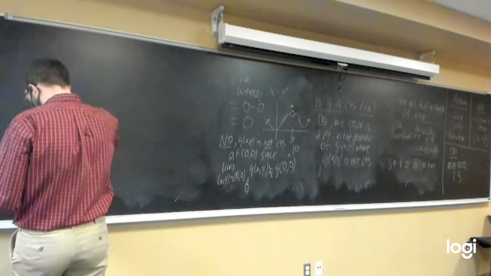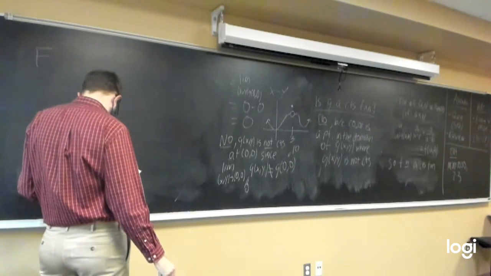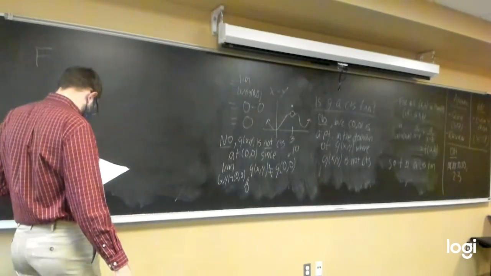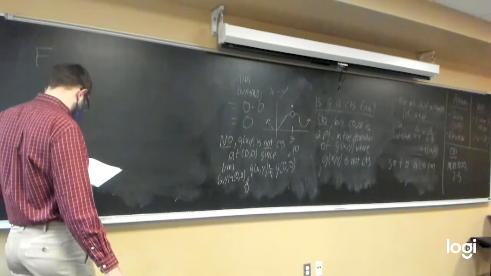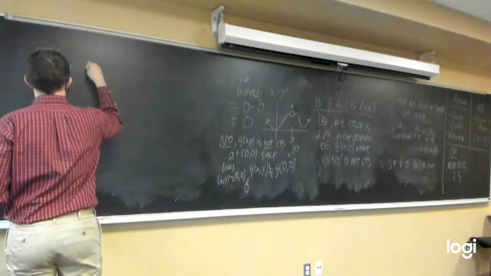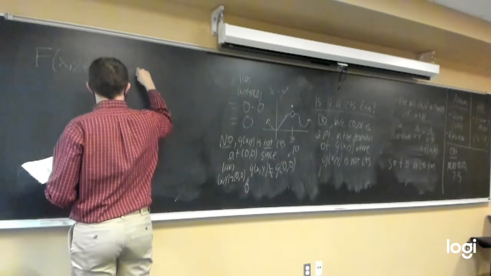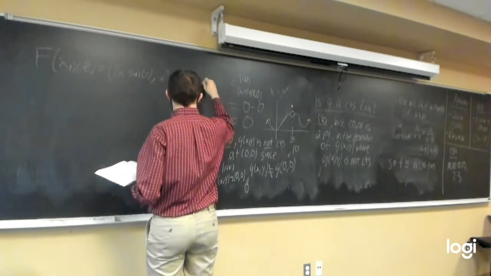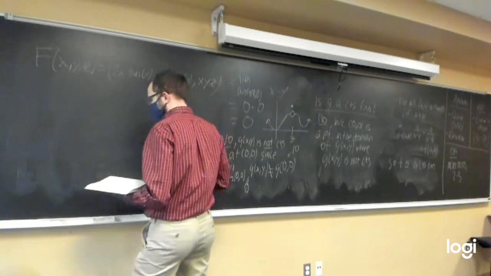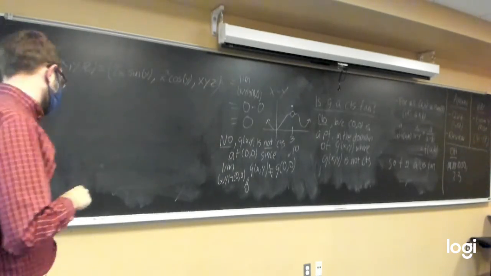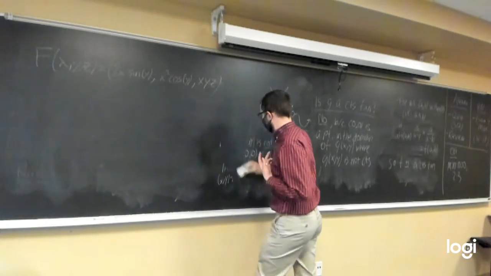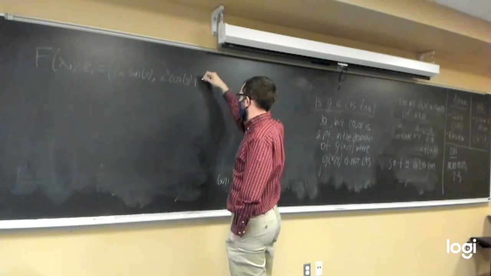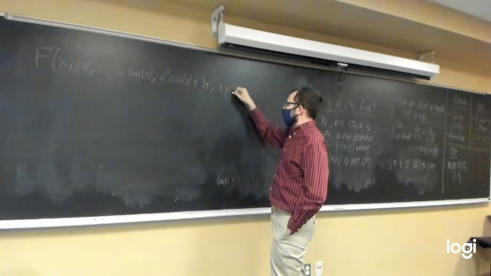How about we look at the vector field? Let's take a look at this example: x squared cosine y plus 3y, comma, xyz.